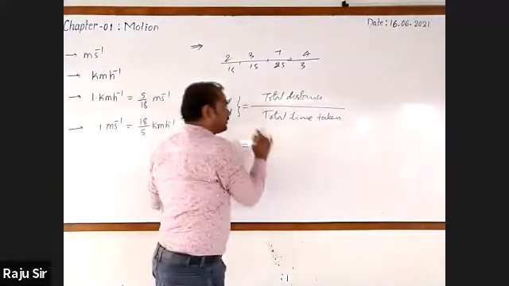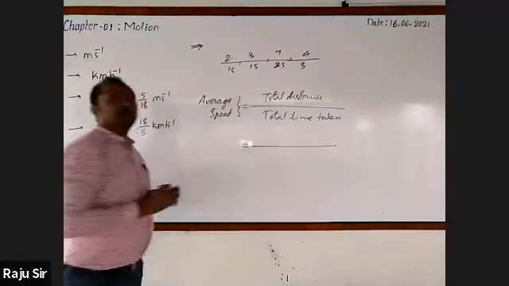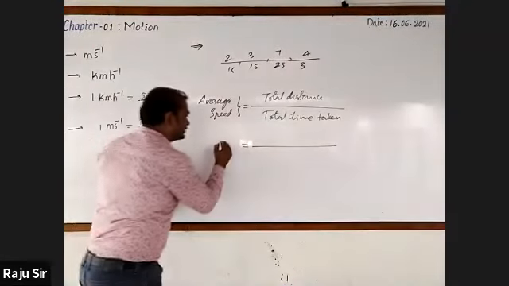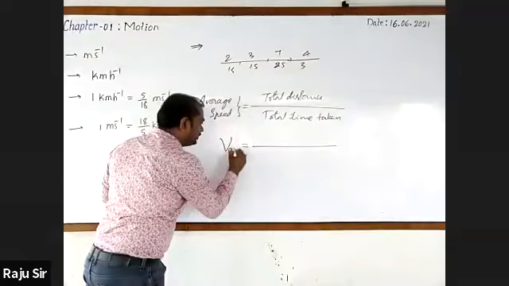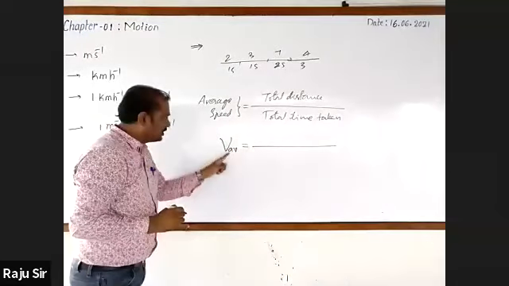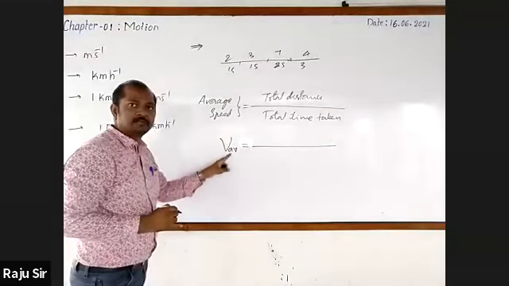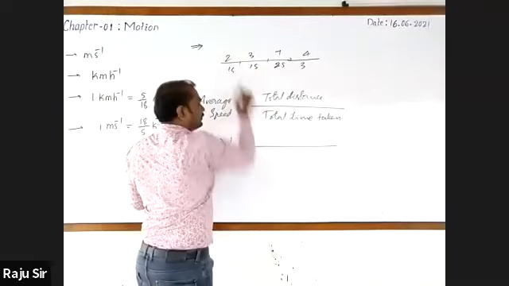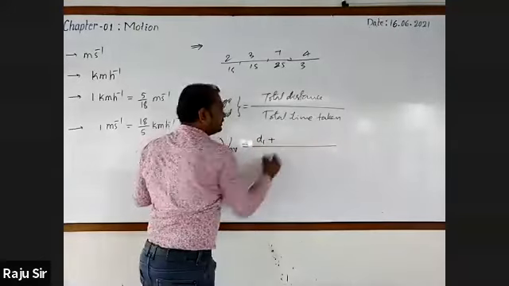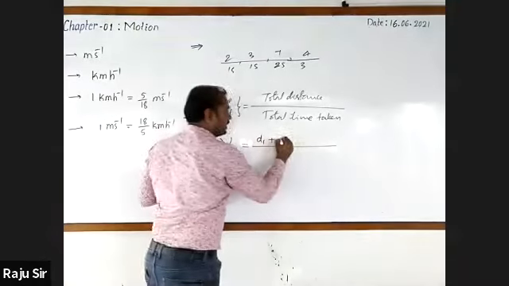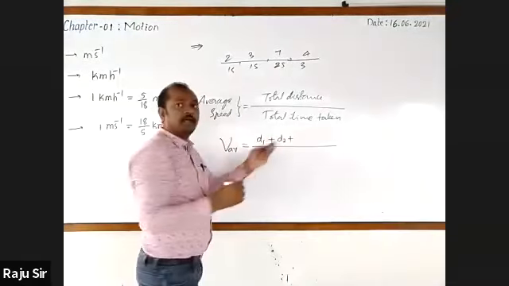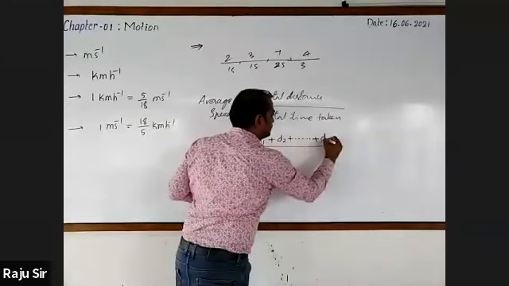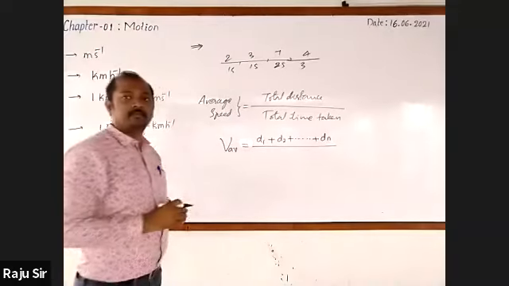Yes, we can write the symbolic representation of average speed as V_av, meaning average speed, and the total distances: the distance covered in the first case as D1, in the second case as D2, third case as D3, and so on, last as Dn.